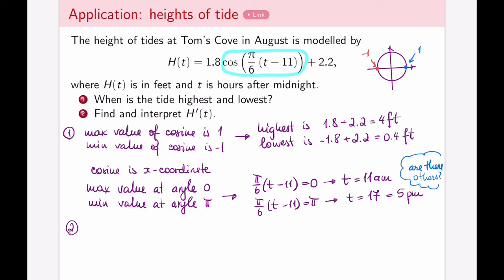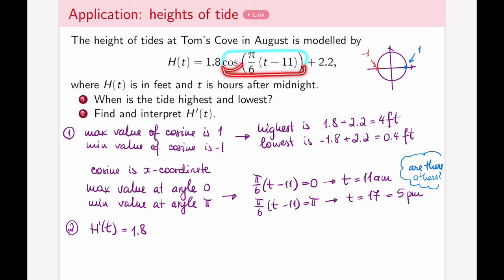Okay, so what we have to do, first of all, is take the derivative of this expression. What are we going to have here? Once again, it's probably best to zoom out and think of that as just the cosine value. So altogether, first of all, what I have is the constant that I'm going to leave as is, 1.8, and then I have the derivative of this giant cosine.